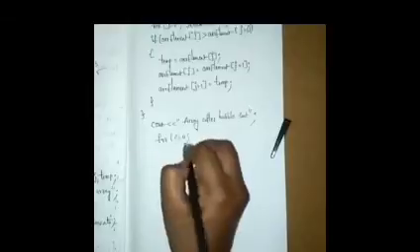Next, for i equals 0, i less than n, i plus plus. Again we are using the pre-increment process, and you should display the array elements.